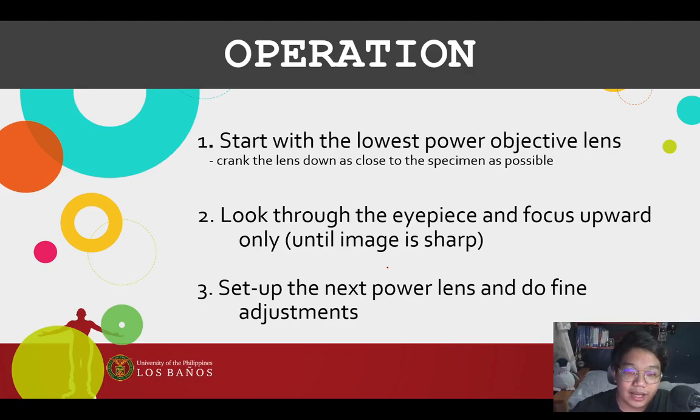So, iniiwasan natin yon. That's why yung pag-focus na natin ay we start by focusing upward until the image is sharp. Okay? Then, since we have started with the lowest power objective, kapag nagkaroon tayo ng sharp image, mag-next na tayo ng objective. So, set up na natin siya dun sa next power lens and do fine adjustments.